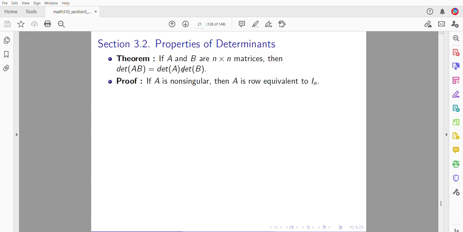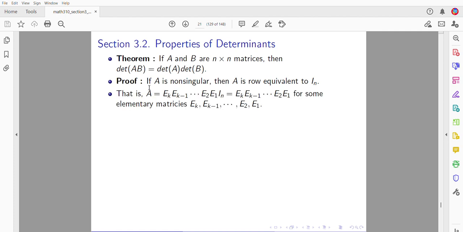If A is non-singular, that means, using row operations, the reduced row echelon form will be In. That is, A is row equivalent to the identity matrix.